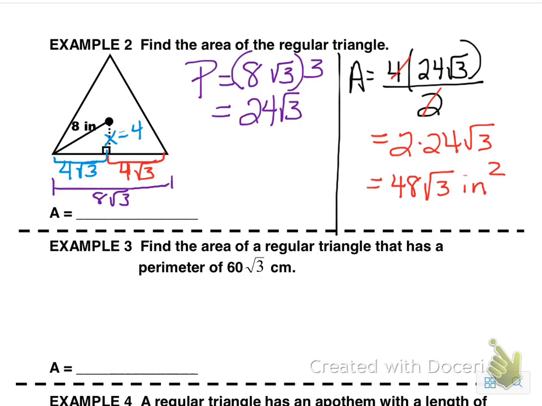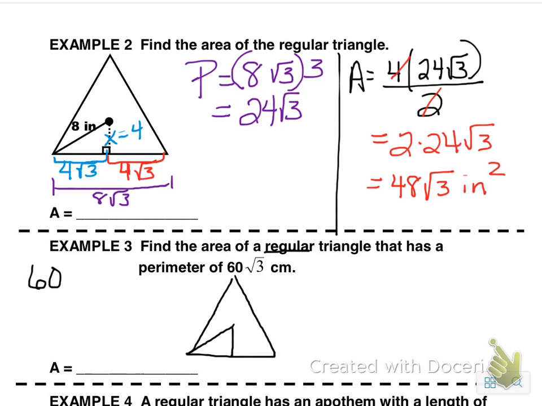For example 3, we don't have a picture, so we might want to add that to help us see what all we need to find. Since it is the area of a regular triangle, and the key word for this is regular, I do know that my perimeter is 60 square roots of 3.